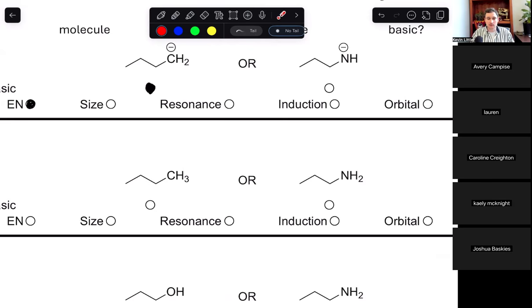Negatively charged carbons are, but look, this carbon already has four bonds. It cannot take another bond, right? This nitrogen has a lone pair, it can take another bond. But this carbon cannot act as a base. It cannot take another proton. It's impossible. It would make a carbon with five bonds.